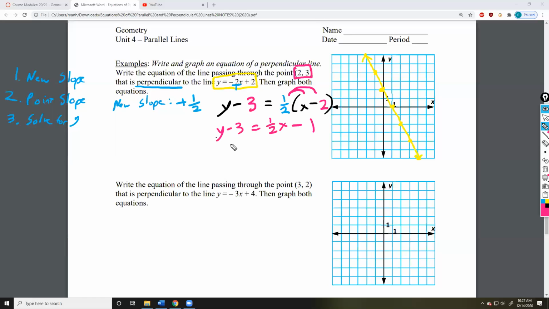I want to get y by itself, so all I need to do to get rid of that subtracting of 3 is to add 3 to both sides. And so we have 1/2 x. So negative 1, I've got plus 3. Negative 1 plus 3 is going to be a positive 2.